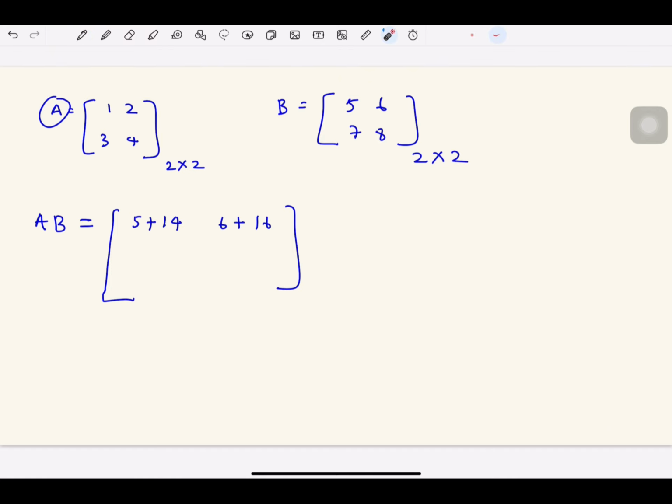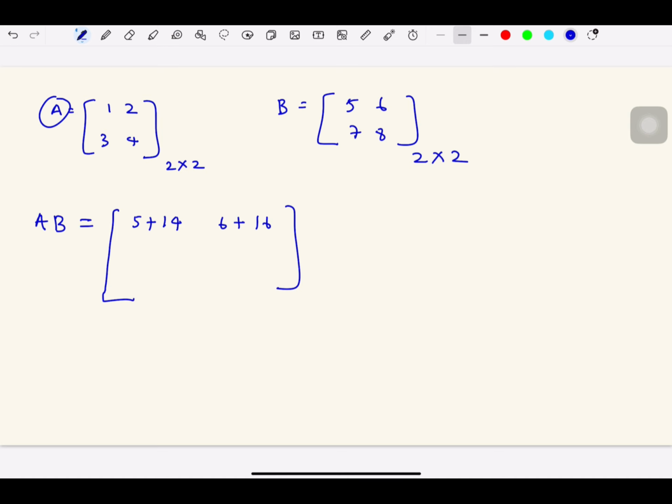Then let's take the bottom elements. Here you multiply the second row with the first column. So 3 by 5 is 15, plus 4 by 7, which is 28.